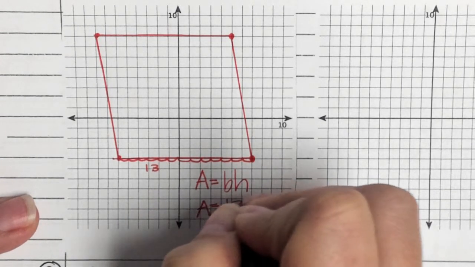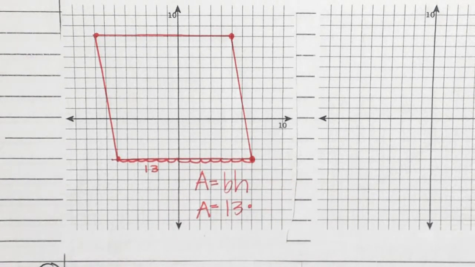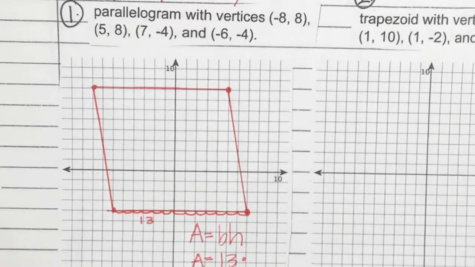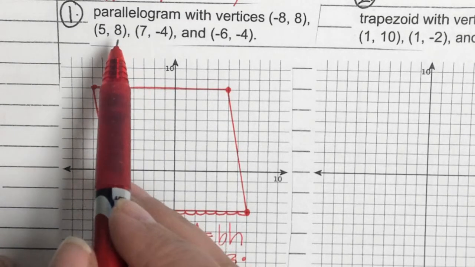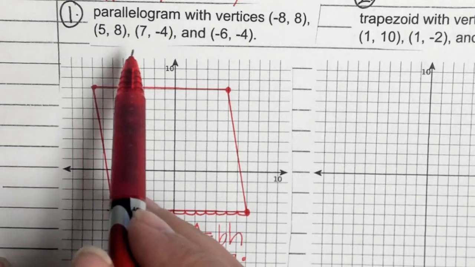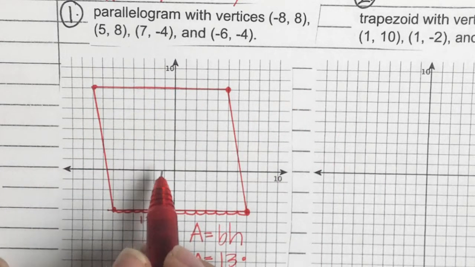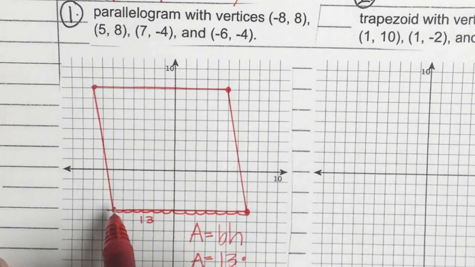Is there another way I could do this without having to count my units? Yes. What can I do? You can add your... No, I agree. Keep going. No, I totally agree with what you're saying. Your coordinates. Yeah, you can add your coordinates. If we look at this point is at negative what? Negative 6.